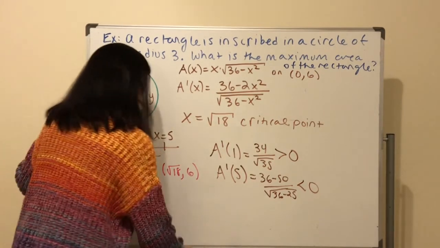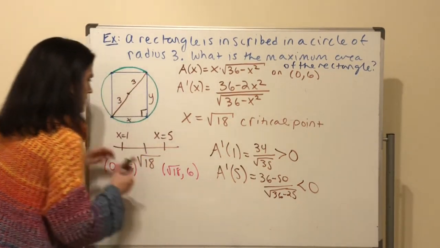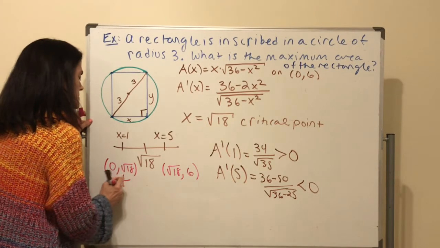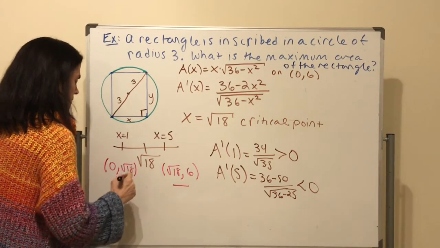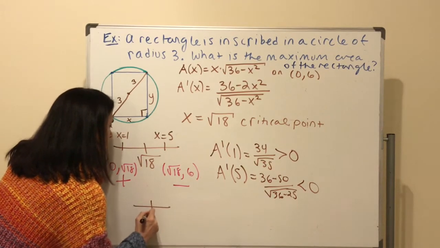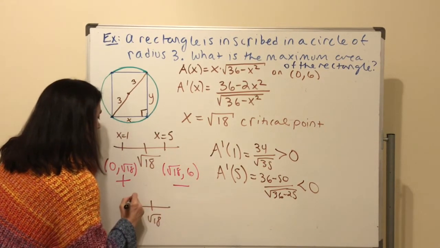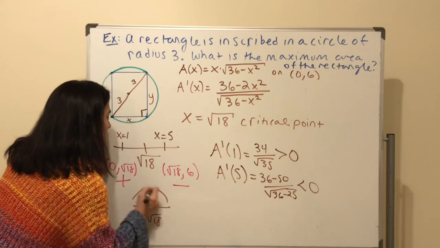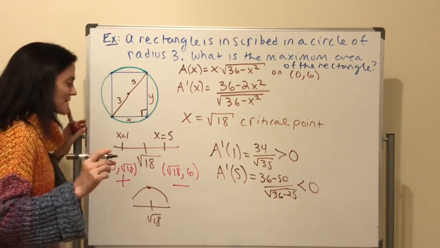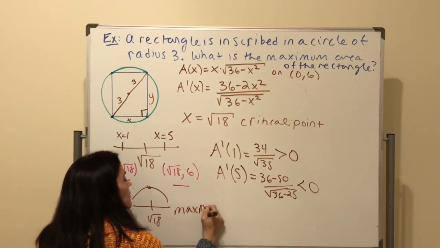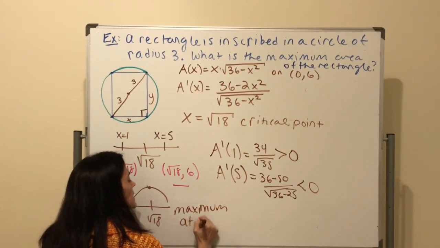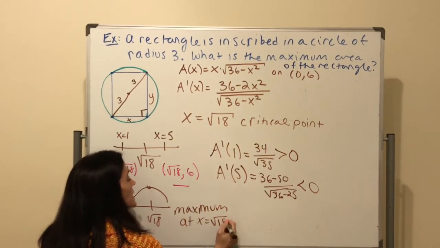Okay, so if we write it under here, it goes plus, minus, and you see the function increasing, decreasing. In fact, we do have a maximum at x equals the square root of 18.